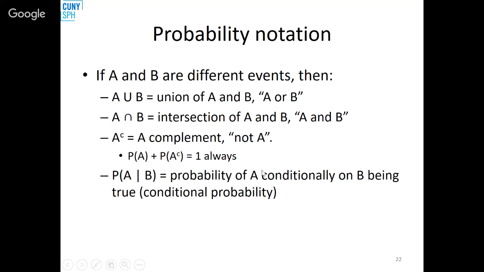It's the probability of A conditional on B being true. So it's the probability of having the disease conditional on receiving a positive test. It is the probability of something when you already know something else. That's all it is.